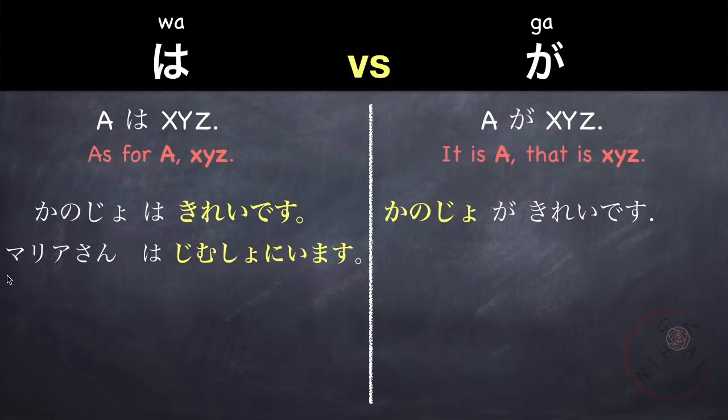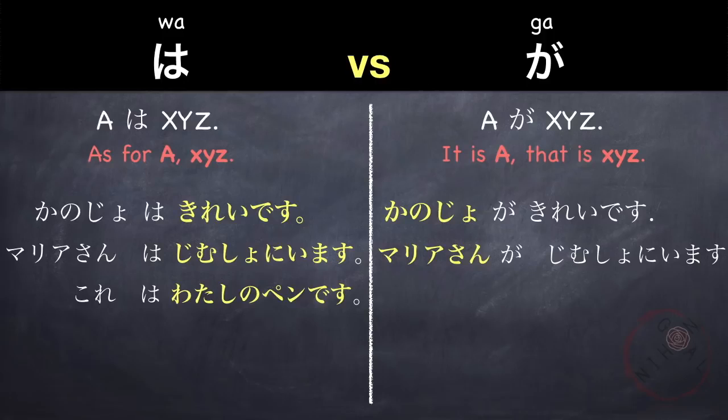Another example, マリアさんは事務所にいます. So here, both speaker and listener know Maria. And the speaker is pointing out that she is in the office. So, 事務所にいます. However, マリアさんが事務所にいます. So here, the speaker is pointing out that it is Maria that is in the office.